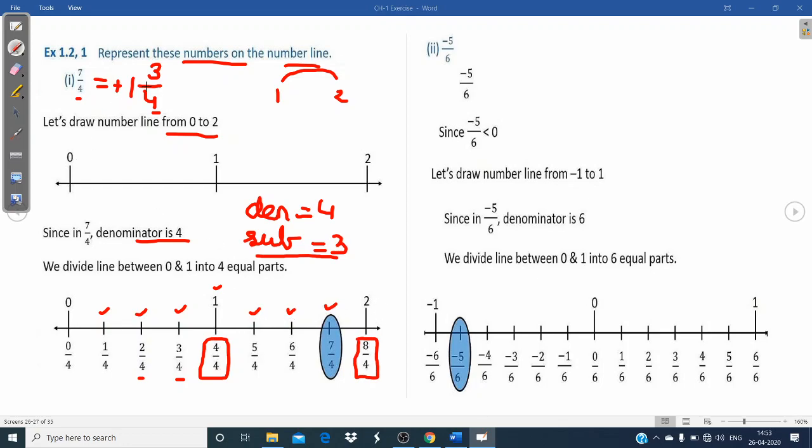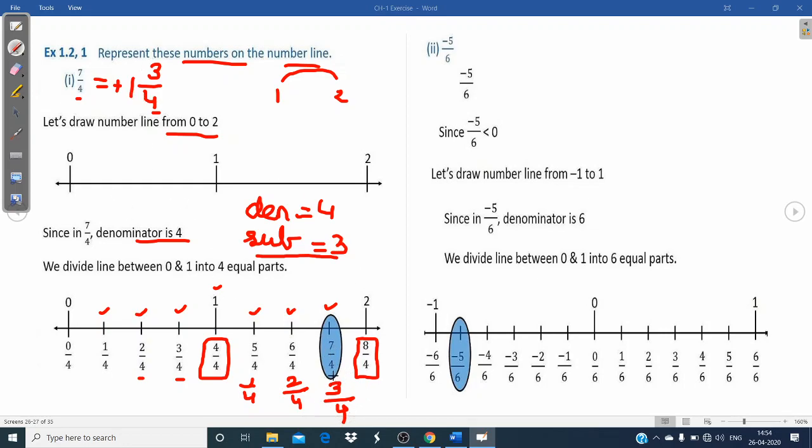Now if we want to write it in mixed number form, till here it is 1. So we have to reach till 1 also. After 1, if I write 1 by 4 for the first subdivision, then the second subdivision 2 by 4, the third subdivision 3 by 4. So the whole number part is 1, and after that 3 by 4.